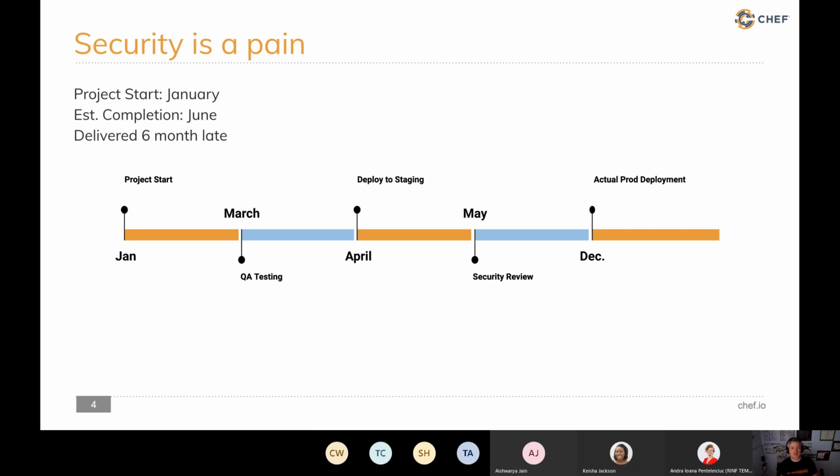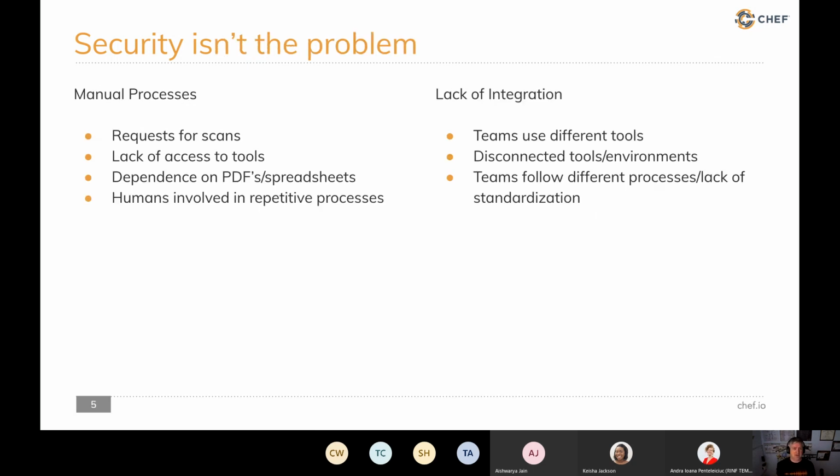I've worked on several projects where we worked for months and months and months to build something, and then security looked at it and we couldn't deploy it at all because of some things. So, you know, we need to understand what happened here. Why does this happen? Because everybody's seen this, right?